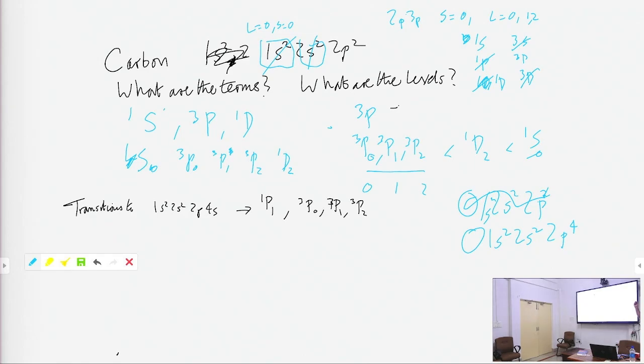And it has exactly the same effect. So this gives you singlet S, triplet P, singlet D, exactly the same as carbon, but these are in reverse order. Gives you triplet P2 is below triplet P1, which is below triplet P0. So this is more than a half open shell, and then the highest J is lowest, and if it's less than half shell, the lowest J is the lowest.